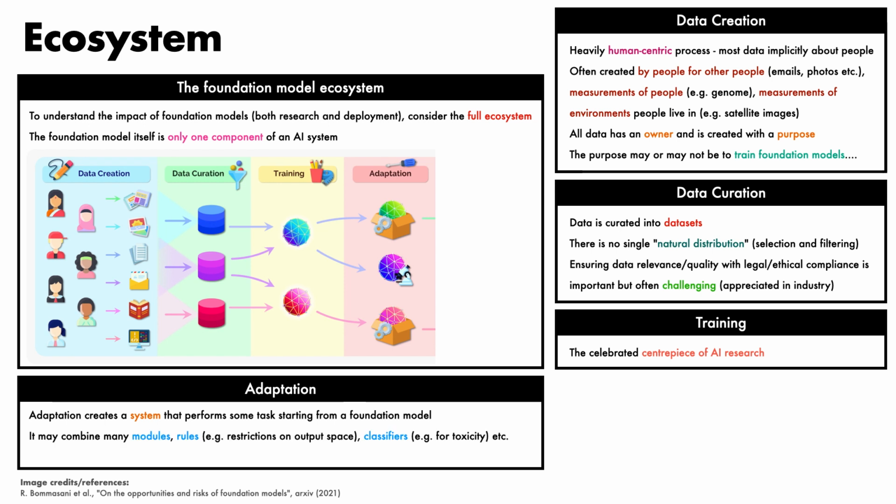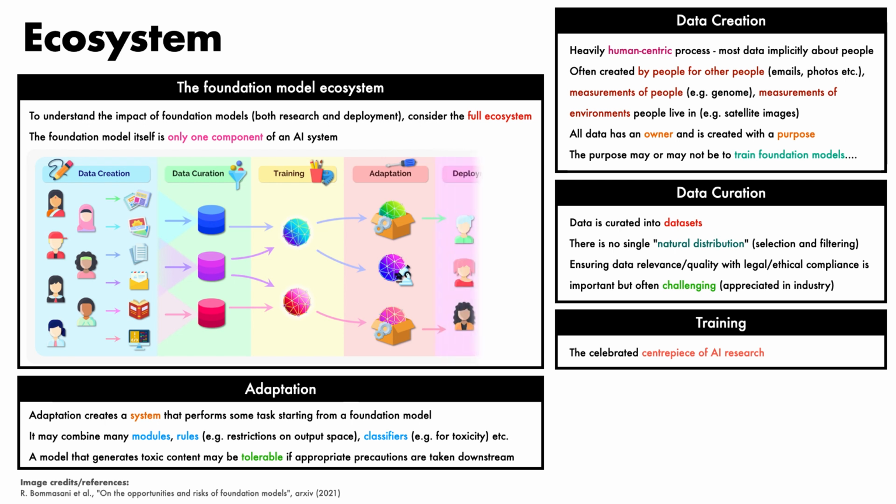This can involve combining many modules, such as restrictions on the output space, classifiers, e.g. those that detect toxicity, and combination with other useful signals. It may be, for instance, that a model that generates toxic content is tolerable if appropriate precautions are taken downstream.